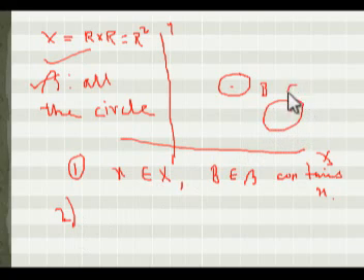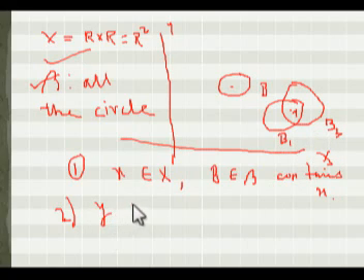For the second axiom, we take another element y, which is in the intersection of two circles. This y belongs to b1 intersection b2, the intersection of two members of beta.